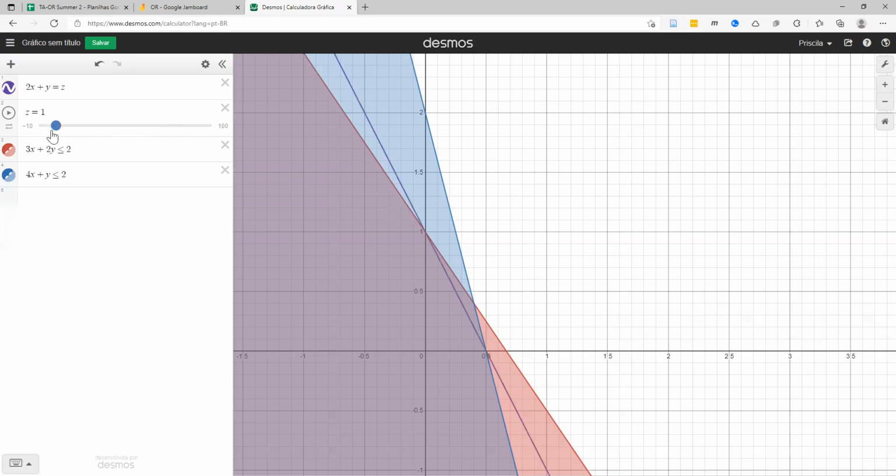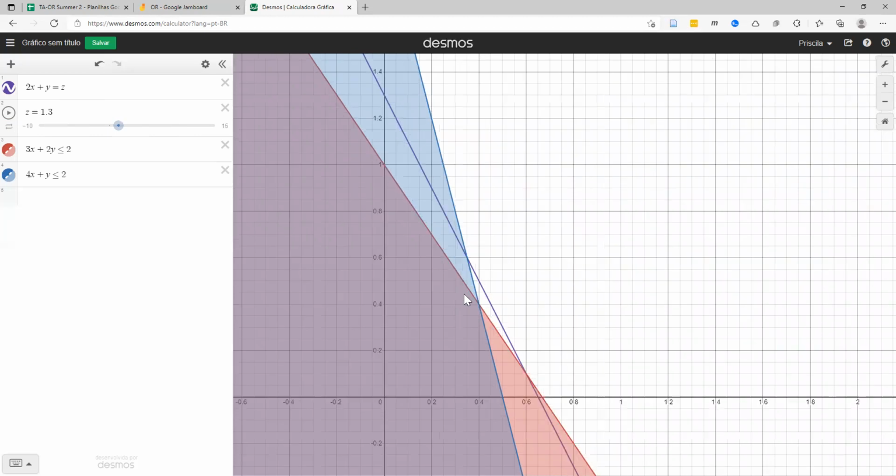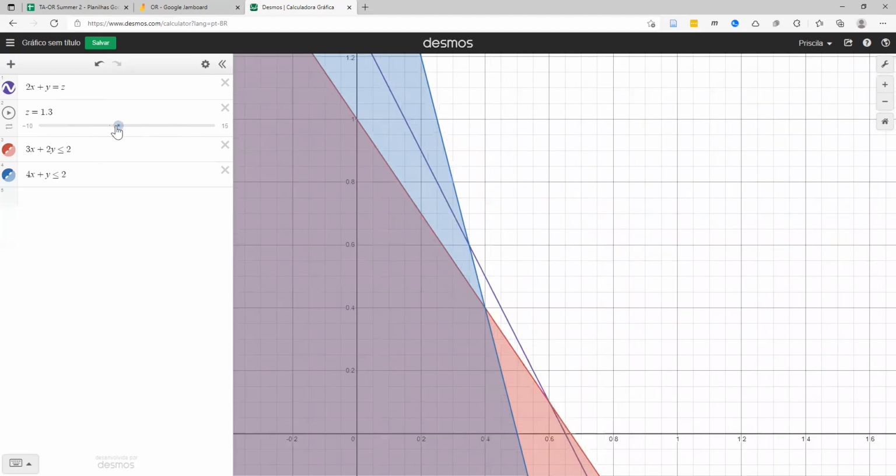Okay, makes more sense. Here is the isoprofit line, and we can see that the optimal is at this point over here, where the two constraints intersect.